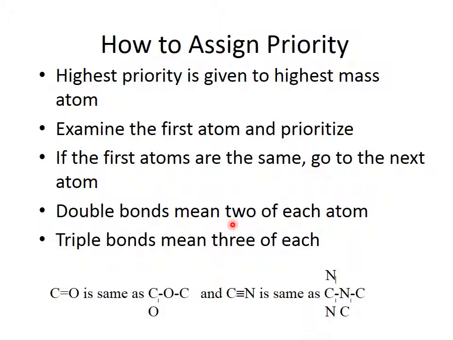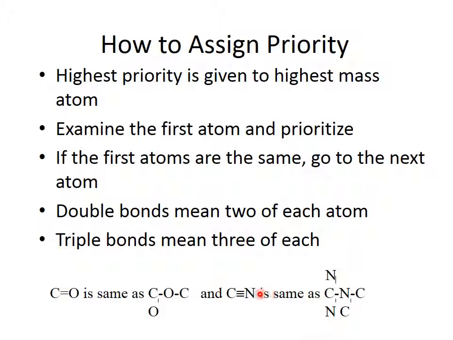Double bonds and triple bonds can be confusing because double bonds mean you have 2 of the atom attached, and triple bonds mean you have 3 of the atoms attached. But it's a little tiny bit more complicated. A carbon-oxygen double bond has 2 oxygens attached, but we also consider 1 oxygen to be bound back to the carbon.